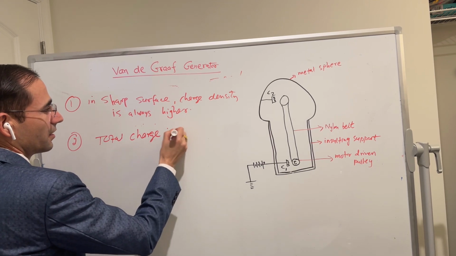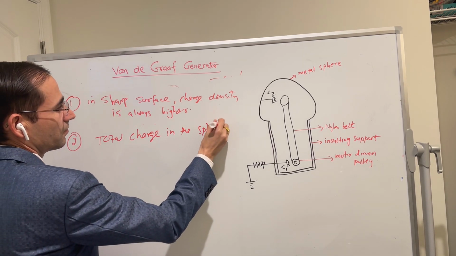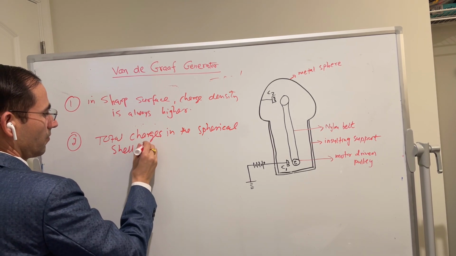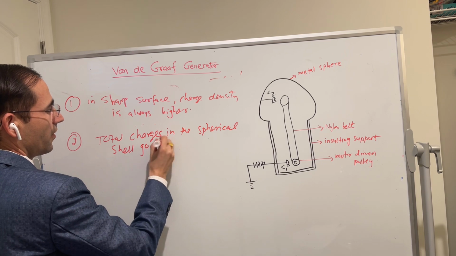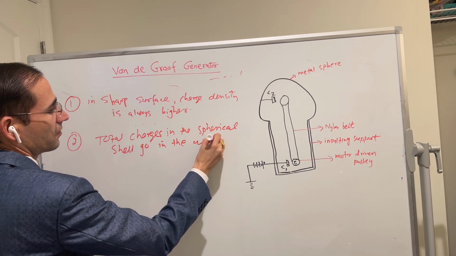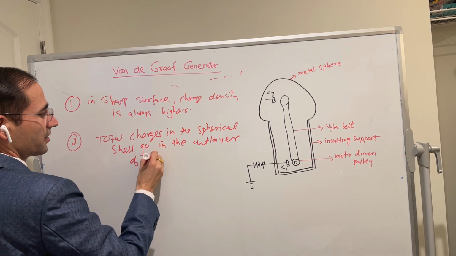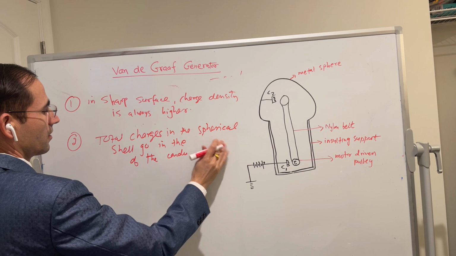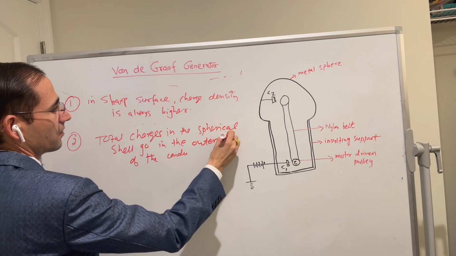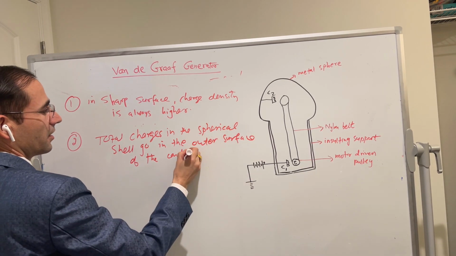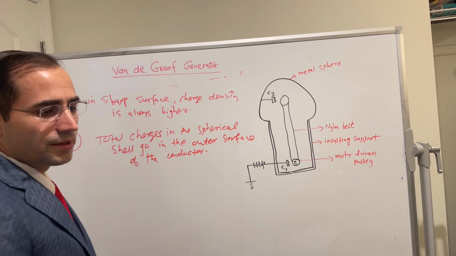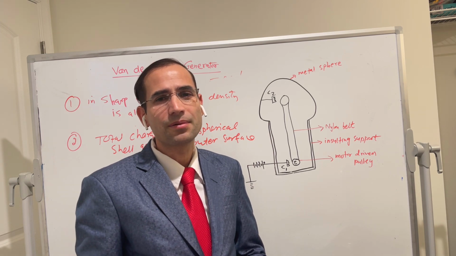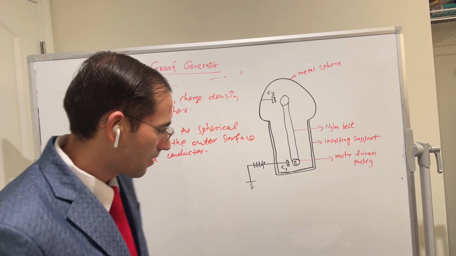Total charge in the spherical cell goes in the outer layer of the conductor. Outer surface, we can say that. Outer surface of the conductor. These are the two important things you need to understand to describe the Van de Graaff generator.